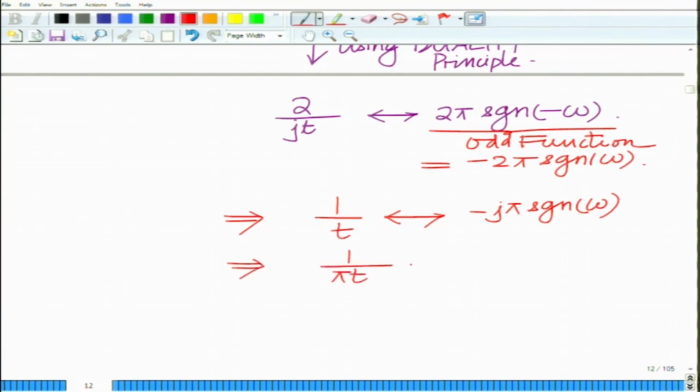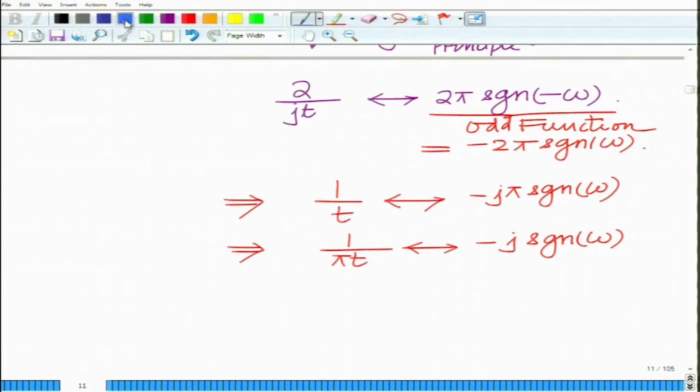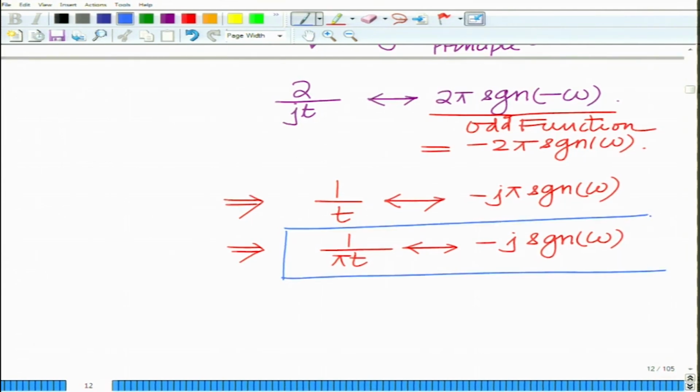Dividing both sides by pi, 1 over pi t has Fourier transform minus j sgn of omega, which is the frequency response that we set out to invert. Minus j sgn of omega corresponds to 1 over pi t. So, this is the corresponding impulse response.